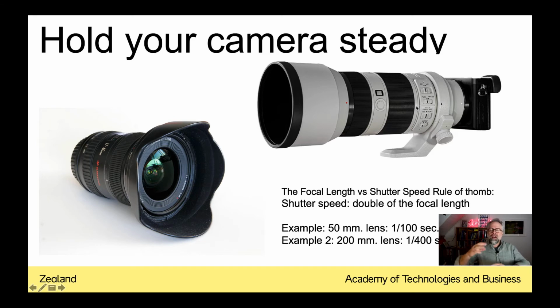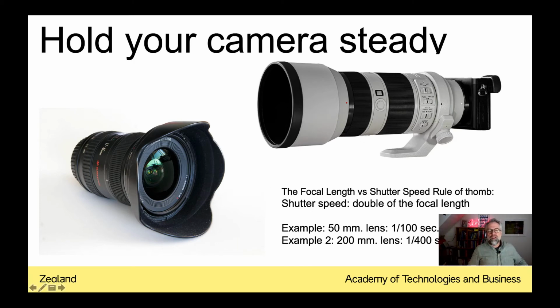Because every time you have motion in your camera, the larger the focal length, the bigger the movement will be in the picture when you have a long lens, even when you just shake a little bit, while with a wide angle lens, the motion is much smaller.